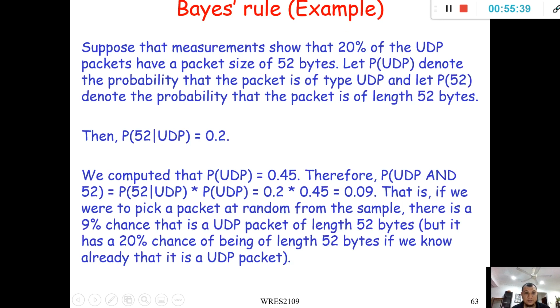Suppose that measurements show that 20% of the UDP packets have a packet size of 52 bytes. So you put P(52 given UDP) is 0.2.